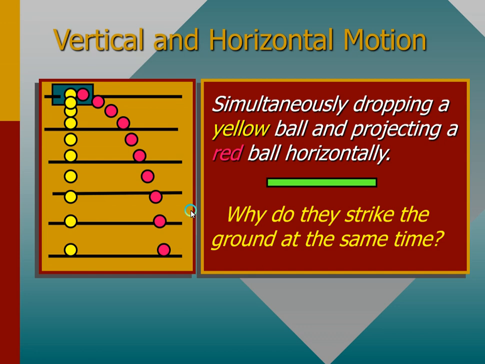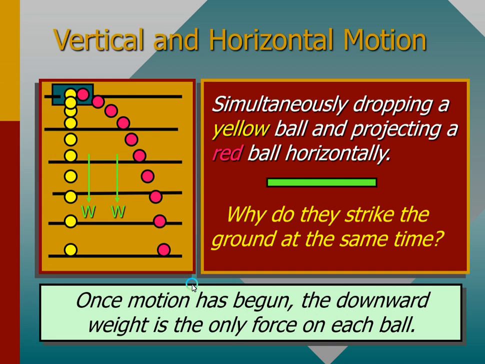Despite the different actions we have done, either free fall or projecting horizontally, you could observe that they strike the ground at the same time. The question is, why do they strike the ground at the same time? Even if you drop it or project it in a projectile motion, still, at the same time, they strike the ground.